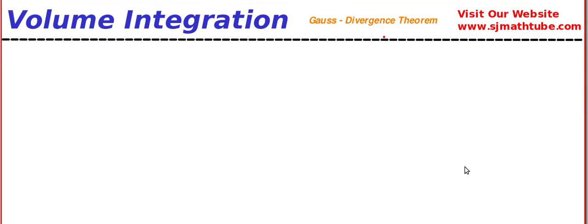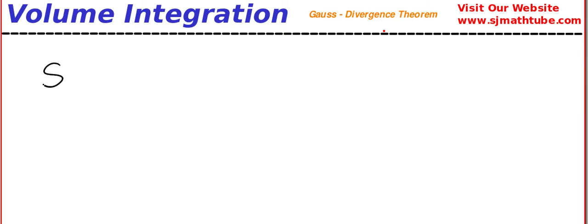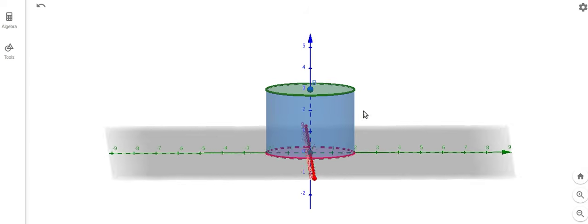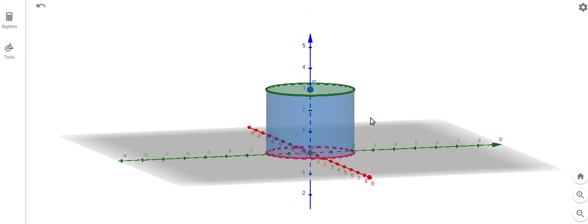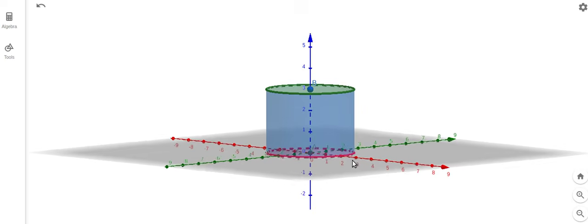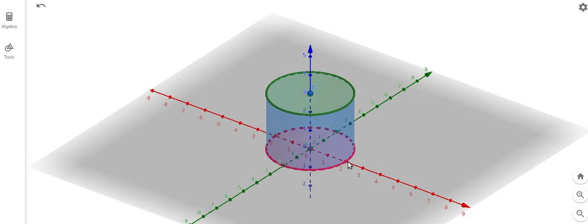Now let's go for the hard part, that is surface 2. Surface 2 is the curved surface. Curved surface means we are in big trouble, because point to point the normal will be different. At this part you can see the outward normal is the red color axis, our x-axis, so it will be i.